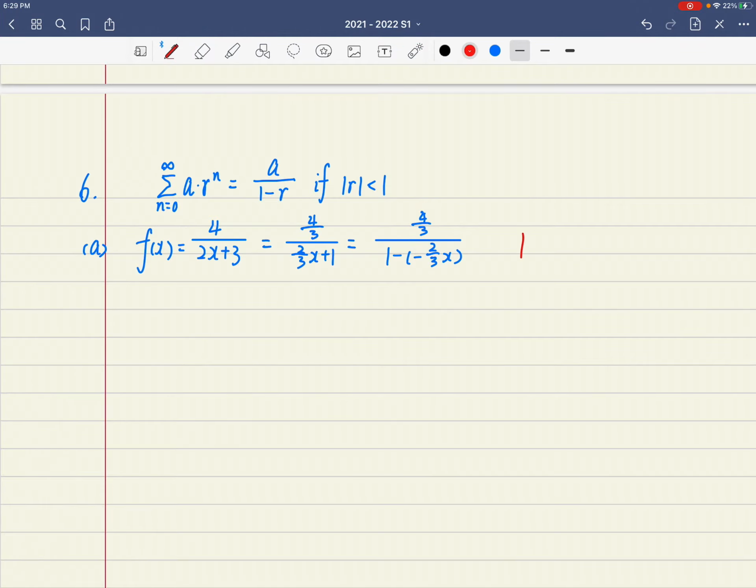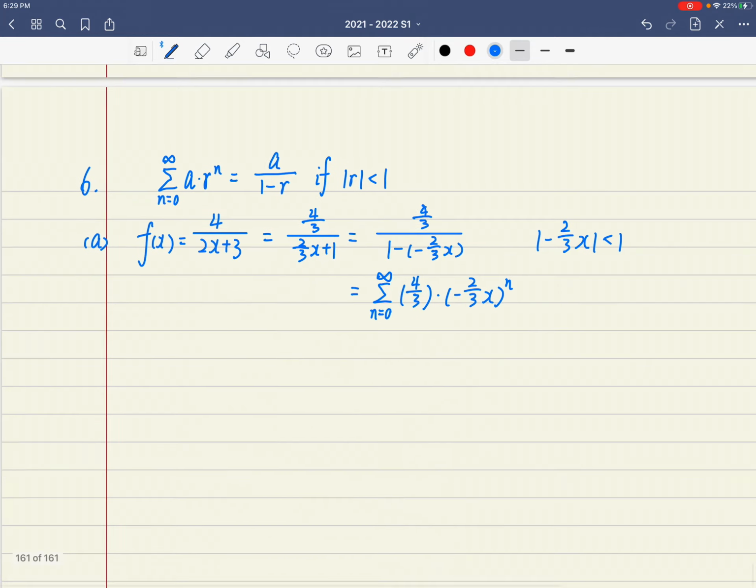So you want your absolute value of r to be smaller than 1. If that's true, then you can rewrite it as the infinite sum, as a is 4 over 3 here, times r, which is negative 2 over 3 x, to the power of n.